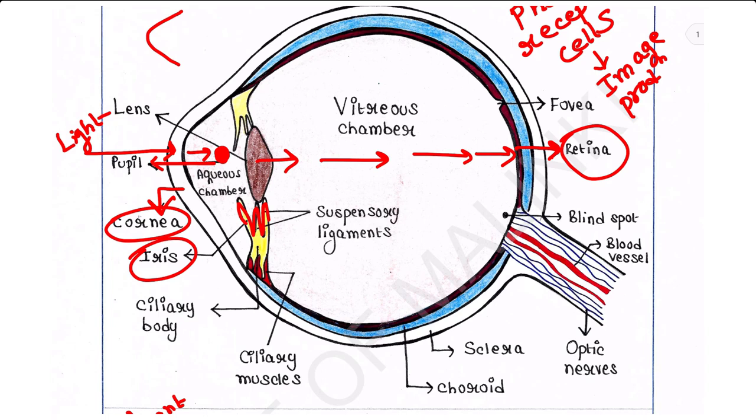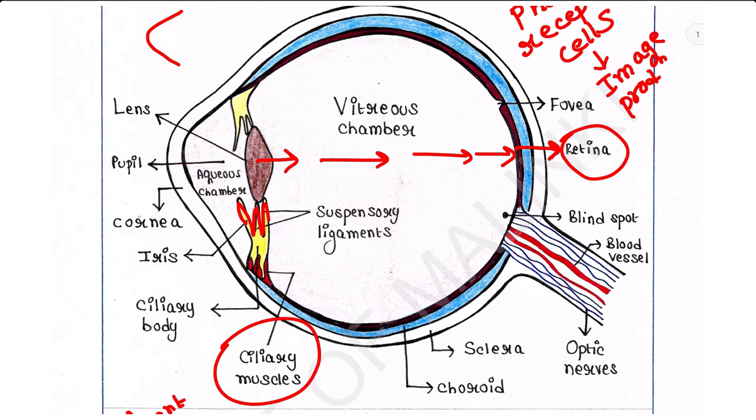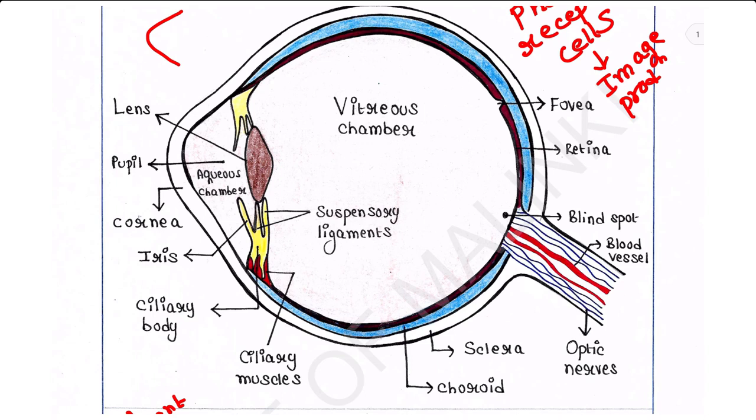We know that it has some muscles, and they are present surrounding the pupil. If I erase this part, then you can understand it better. So this is the pupil and this is the iris, and the iris contains some muscles.